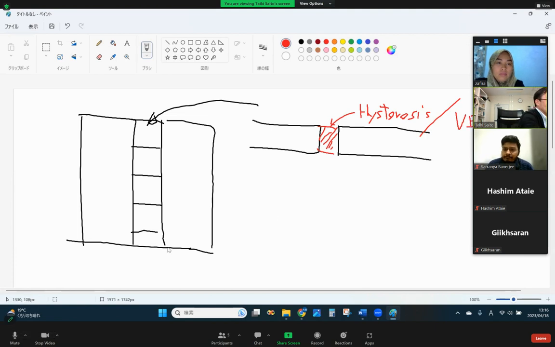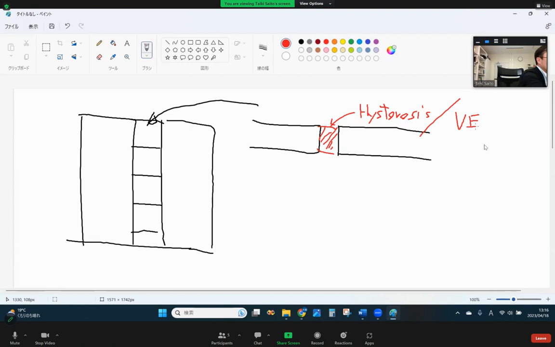But the device in the paper is a combination: one part is steel hysteresis, and one part is viscoelastic. It's a kind of composite.